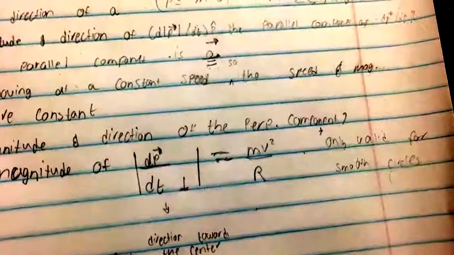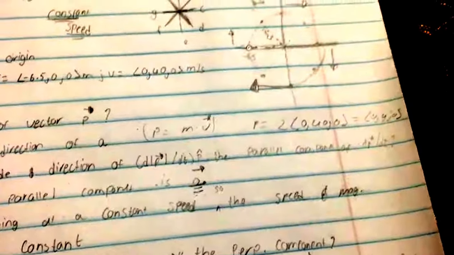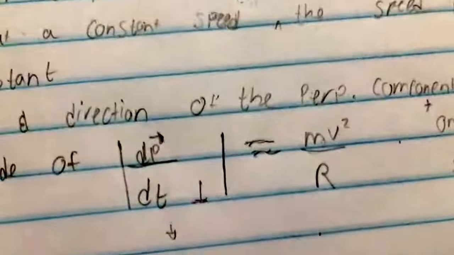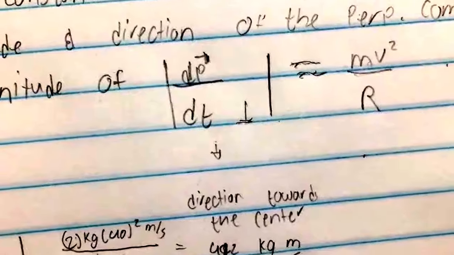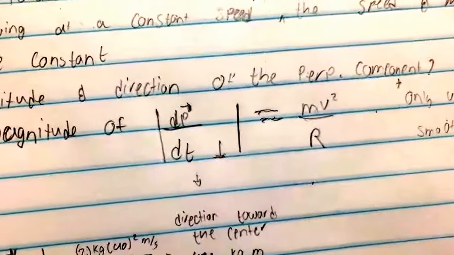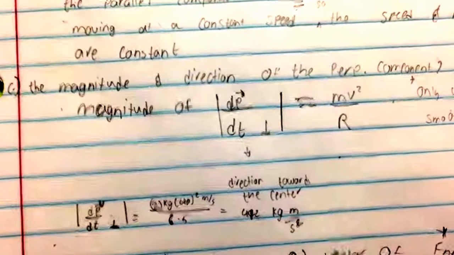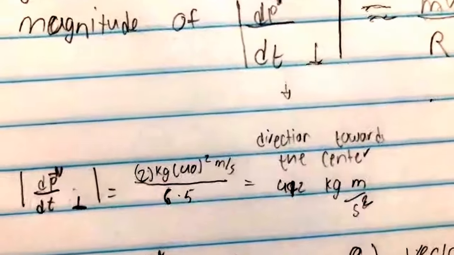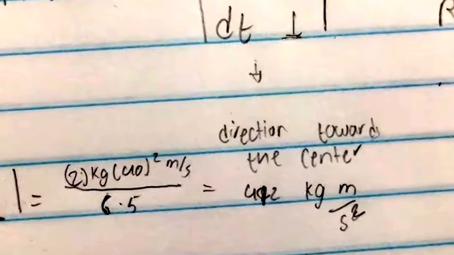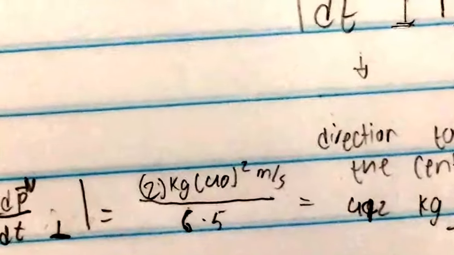It's also a good idea to understand that the direction of this equation is directed towards the center. So after plugging in, you get 492 kilograms meters per second squared, and the units do come out to be the units for p.